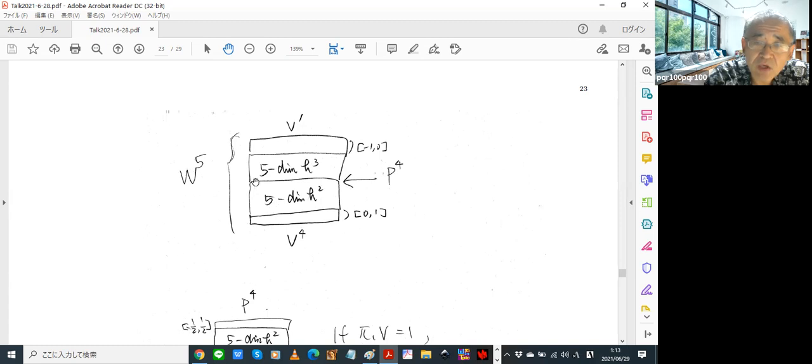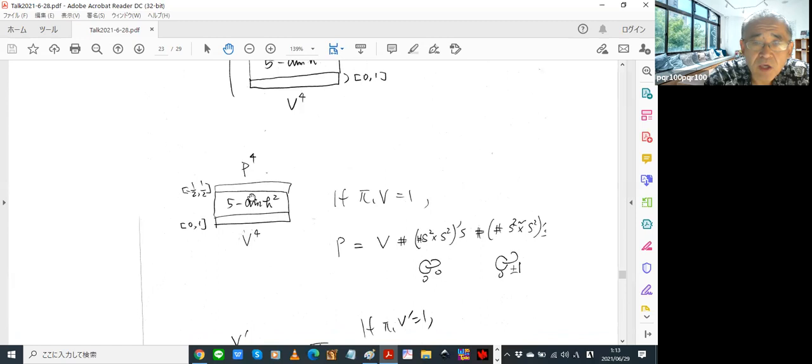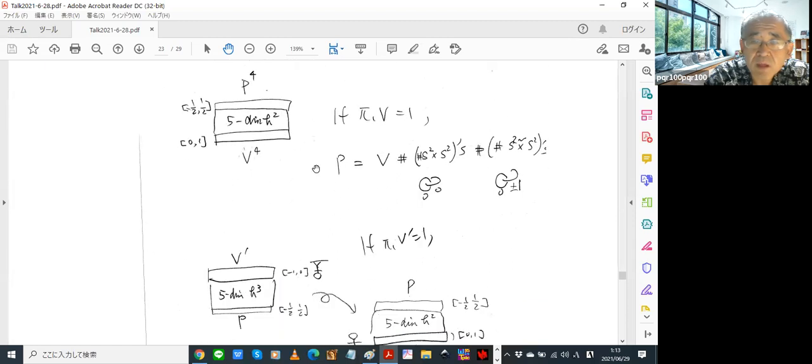What is P here? P is made from V by attaching 5-dimensional 2 handles. It is very important. We suppose V is simply connected. So for the 2 handle, the attaching part is a contractible circle.